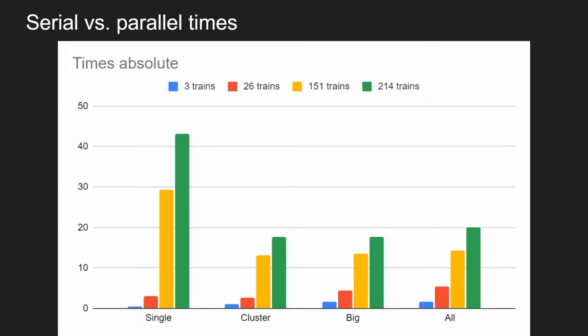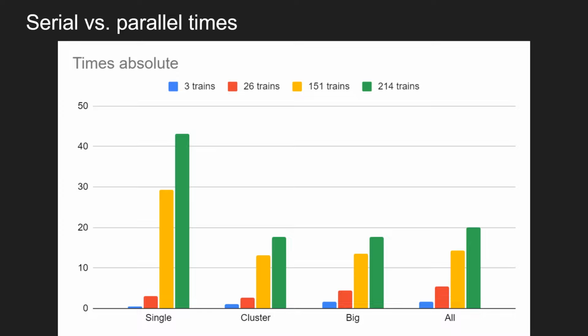You can see that when I got to 214 trains, the time per simulation tick had climbed to 43 microseconds per tick. When I was then running on a cluster of cores, this reduced to about 17.5 microseconds.